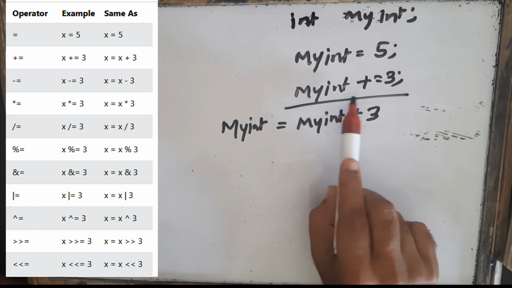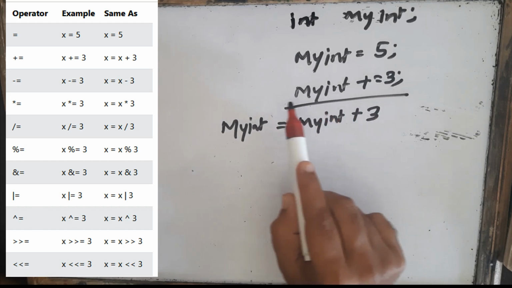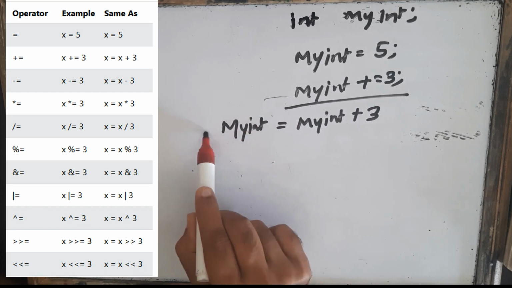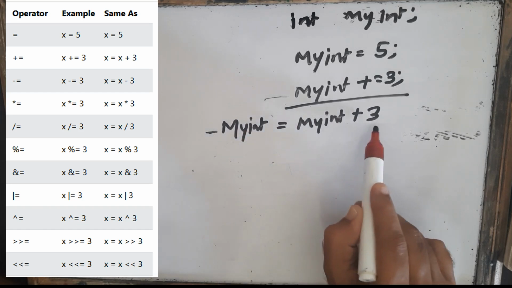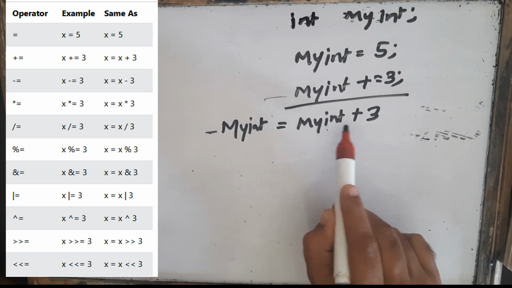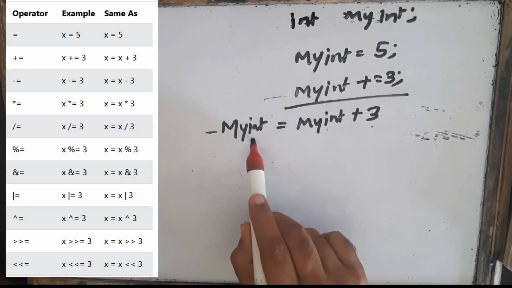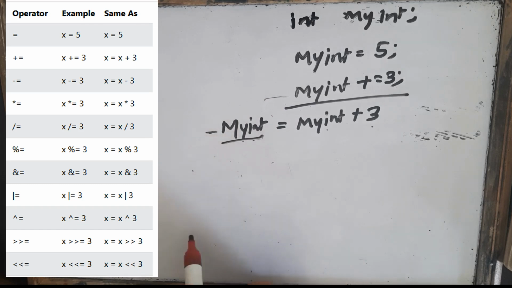When you say my int plus is equal to 3, this is same as this line, my int is equal to my int plus 3. That means my int will be added with 3, then 3 plus my int will become my int.